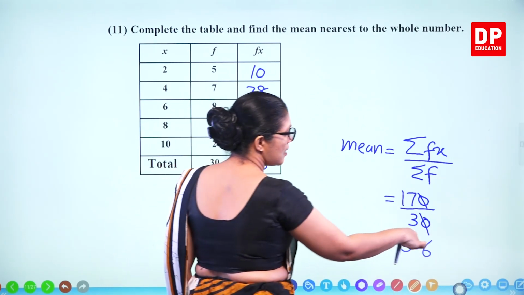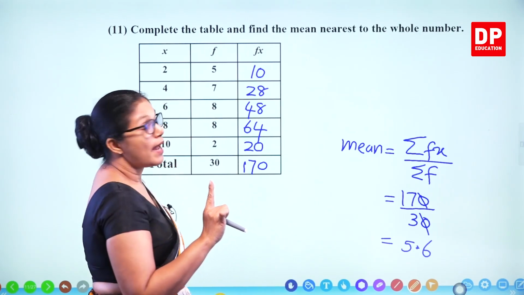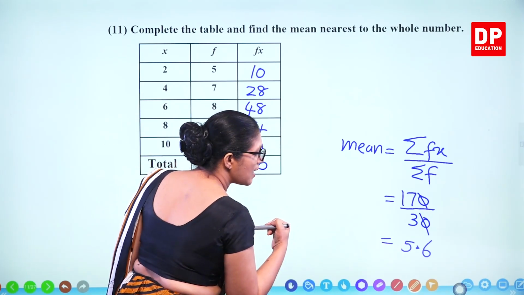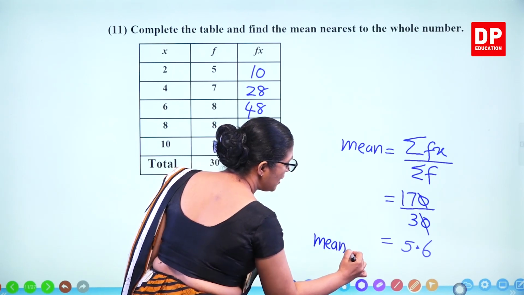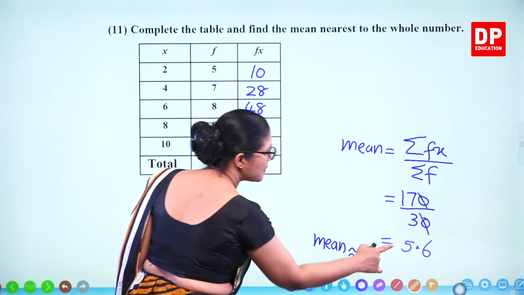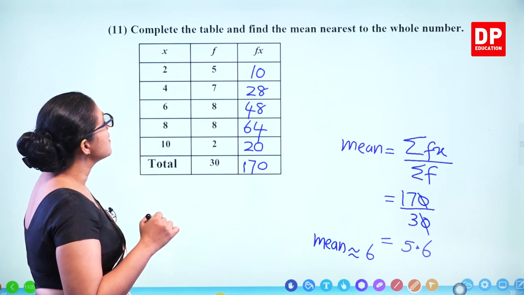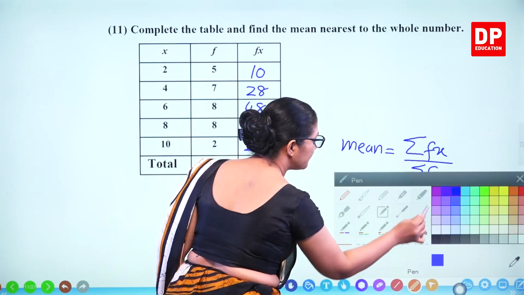So it's not divisible, but they want the value nearest whole number. So you can round it and say, what's the mean value? Mean is roughly 6. 5.6 you can round up. 6 is the mean value. So 2 marks.